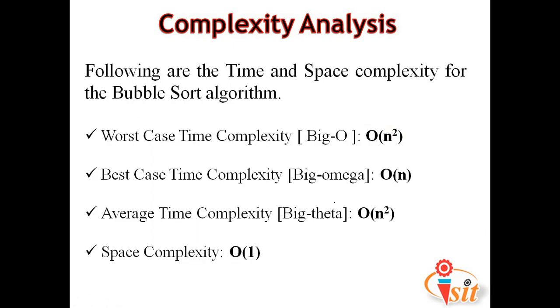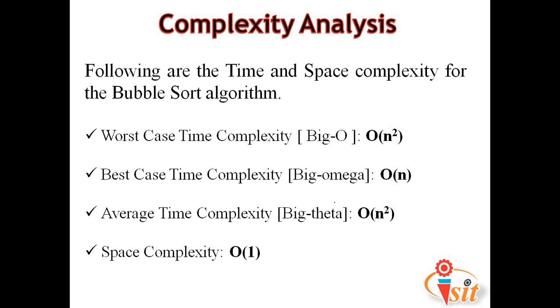The main advantage of bubble sort is the simplicity of the algorithm. The time complexity for the worst case as well as the average case is big O of n square, and for the best case it is big O of n.